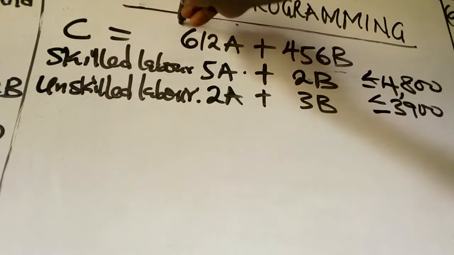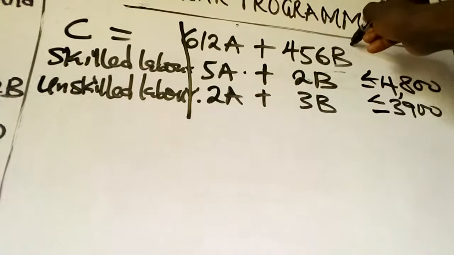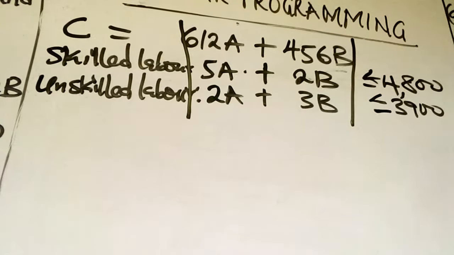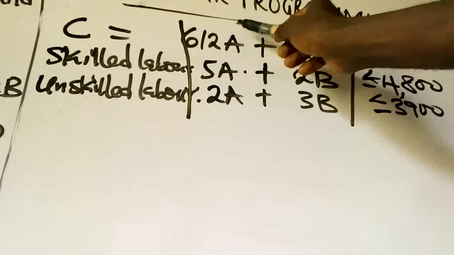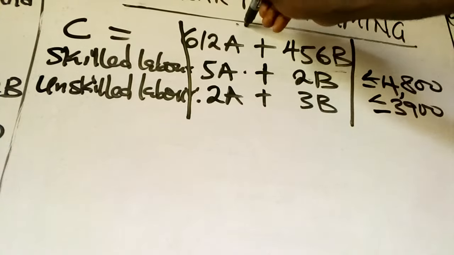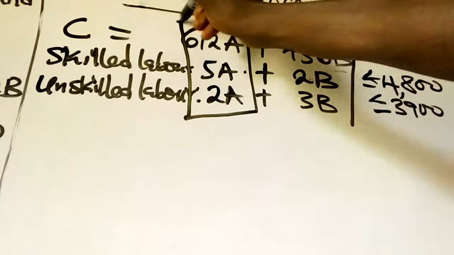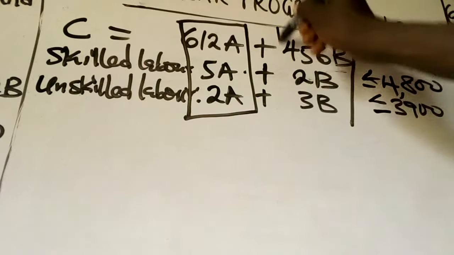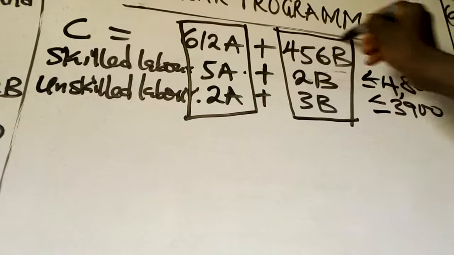To formulate the dual, let's put it this way. 612, 456.